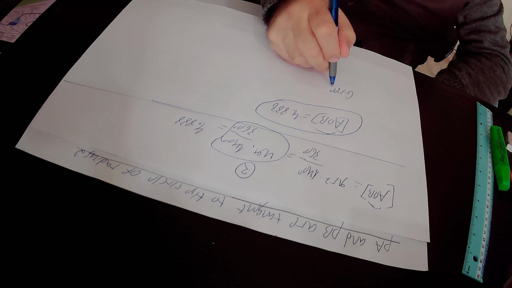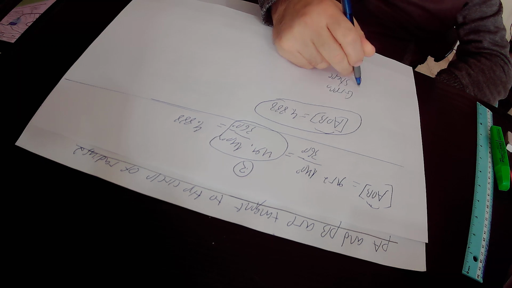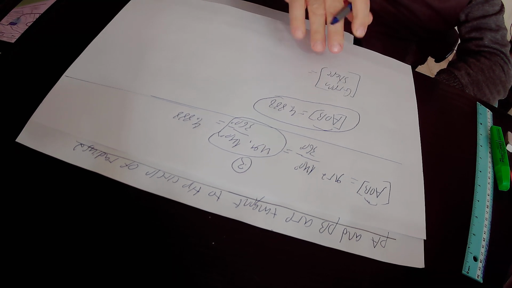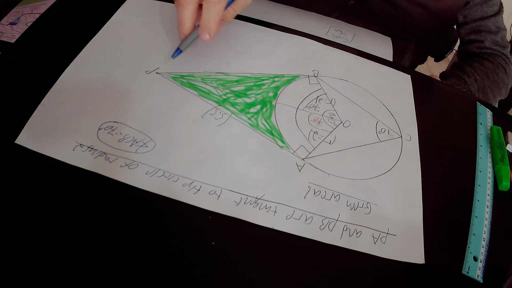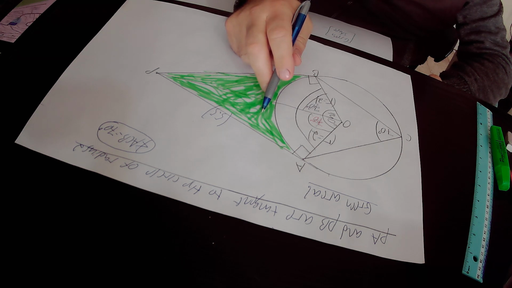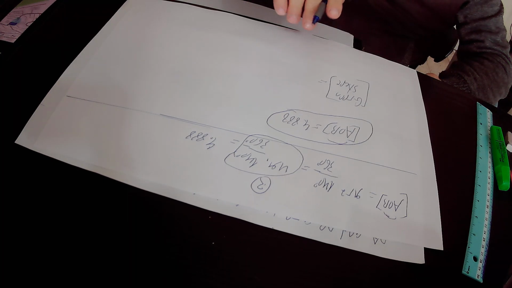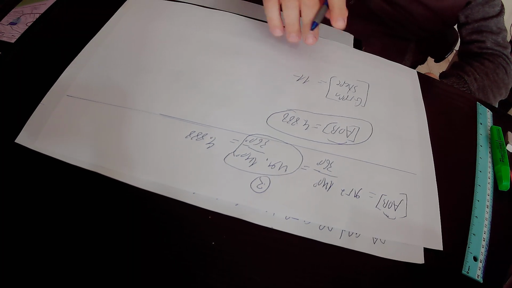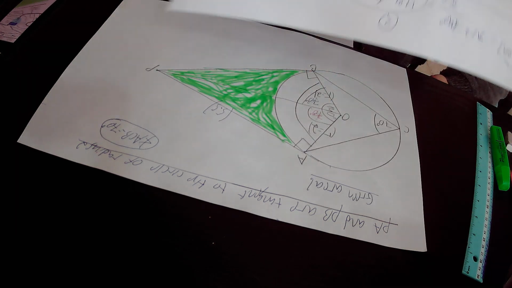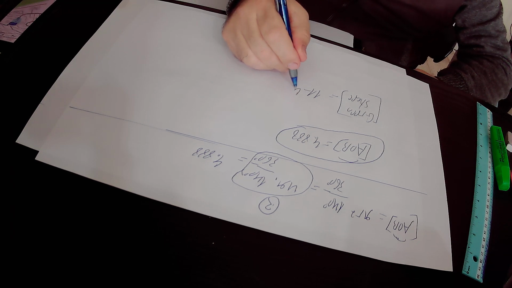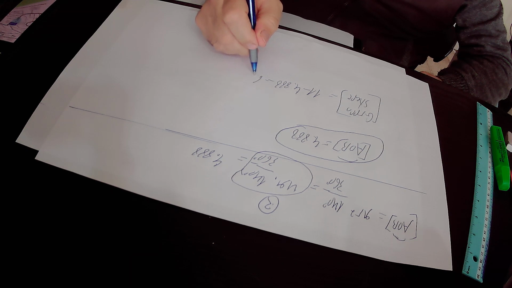The area of this green shape equals the area of quadrangle AOBP, that is the sum of the areas of this triangle plus the area of this triangle, that is 11 square units. So it is the area of quadrangle AOBP minus the area of this sector AOB. And we just found out that the area of sector AOB is 4.888, and 11 minus 4.888 is 6.111.